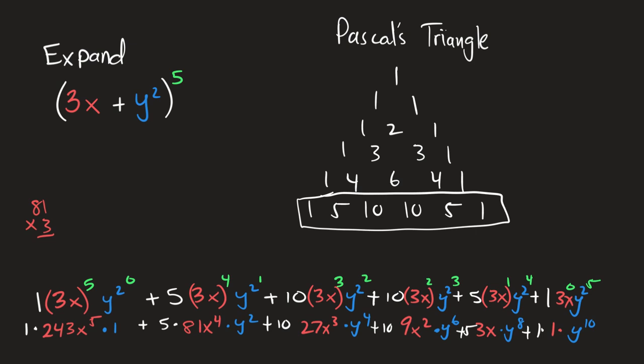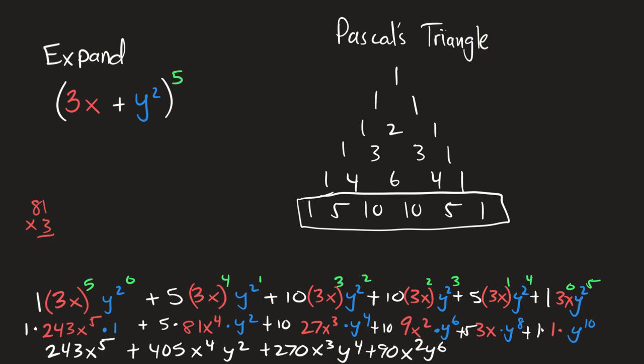In the end, I have, at the beginning, 243x to the 5th, and then plus 405x to the 4th, y to the 2nd, plus 270x to the 3rd, y to the 4th, plus 90x to the 2nd, y to the 6th, plus 15x, y to the 8th, and plus 1, or just plus y to the, I believe that is 10th.